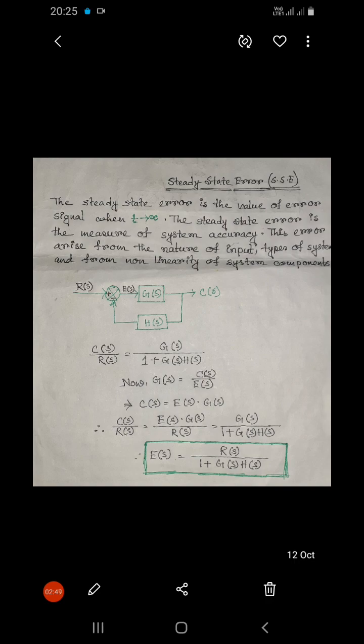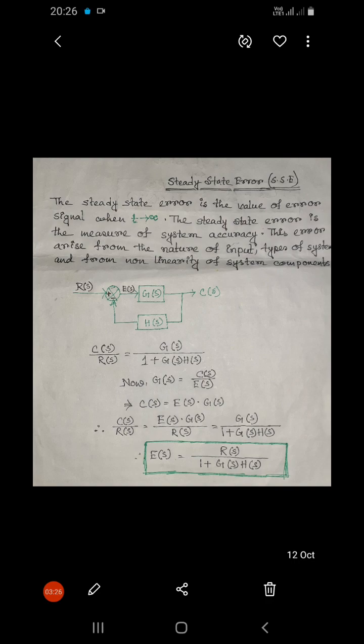Otherwise, this E(s) can be found by another equation. We know the transfer function of this closed loop control system is C(s) by R(s), which is equivalent to G(s) divided by 1 plus G(s)H(s). Again, the open loop gain G(s) is equivalent to C(s) by E(s), so C(s) equals E(s) into G(s).